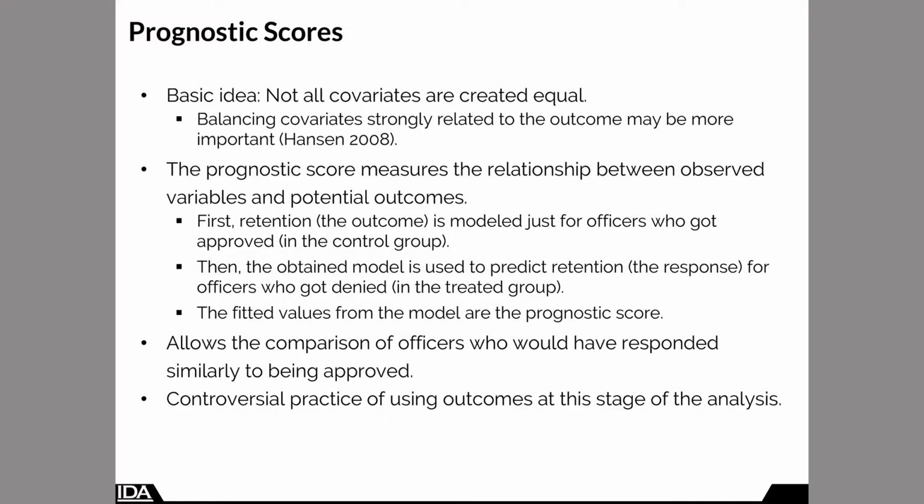So now you've built a model of staying and leaving only for those officers who got approved, okay? And you can use that model to predict for the officers that got denied. So you're kind of predicting their counterfactual. You're saying, I built a model out of approved officers about their stay-leave decisions. I will now predict if my denied officers had been approved, what would they have done? The problem with this whole thing, though, is that you're using outcome in the ways that you match people up.